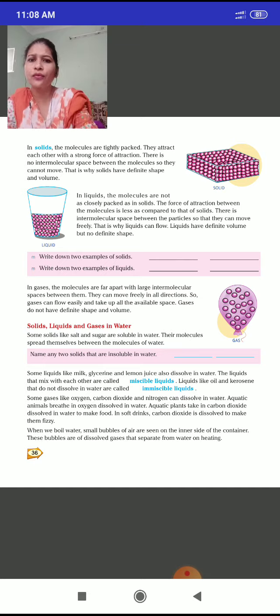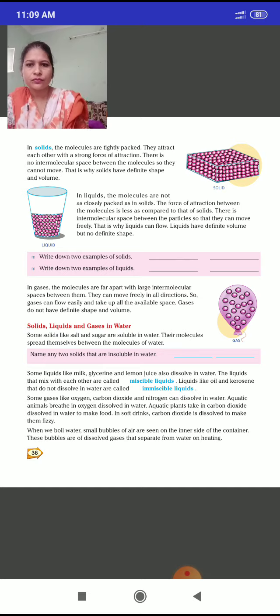They can move freely in every direction: up, down, right, left, sideways. In gases, molecules move freely because they are very loosely packed and there is no intramolecular force. The force of attraction is zero, so they spread themselves anywhere.